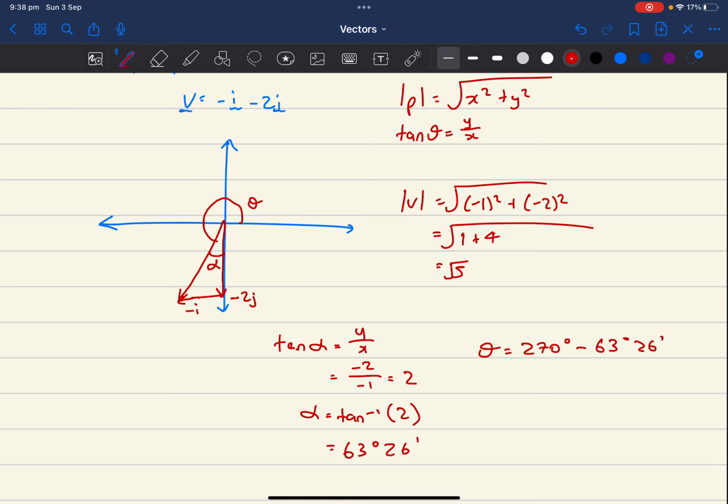Negative i minus 2j. Did I do this right? So when you put this in your calculator, 270 minus 63.26, your answer should be 206 degrees and 34 minutes.